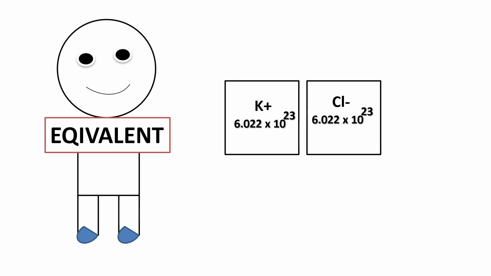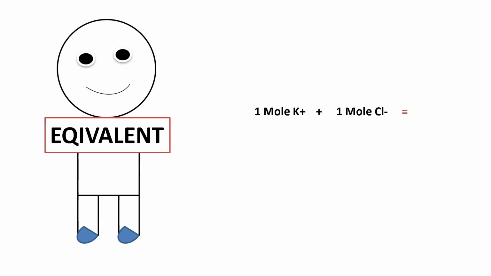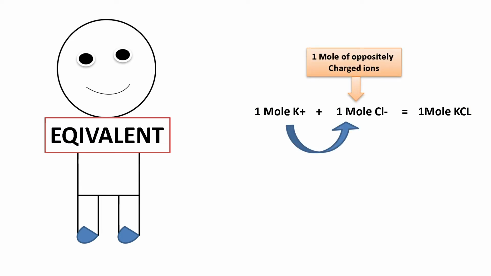Therefore, we can say 1 mole of potassium ions will combine with 1 mole of chloride ions to form 1 mole of potassium chloride molecules. This means that 1 mole of potassium ions will need 1 mole of oppositely charged ions to form 1 mole of potassium chloride.